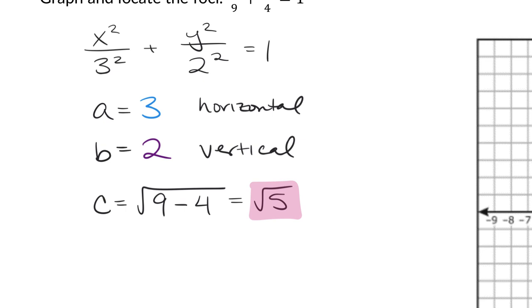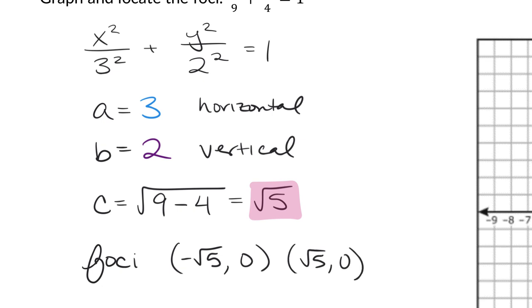That means for us that the foci can be found at the coordinate points to the right and to the left of the center along the major axis. And since this is a horizontal ellipse, the foci are at negative square root of 5, 0, and square root of 5, 0.